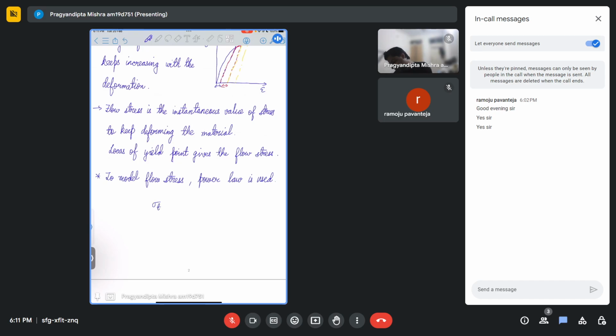You can just remember it as true stress is equal to K times epsilon to the power n, where sigma is true stress and epsilon is true strain. True stress and true strain are related by this expression, which is the power law.